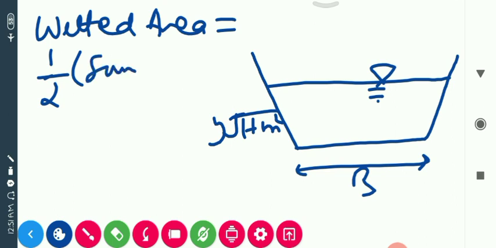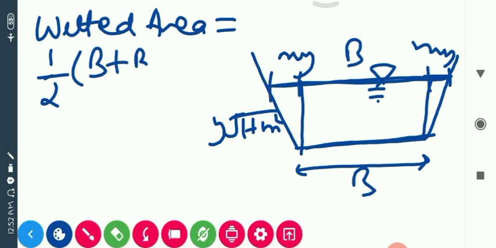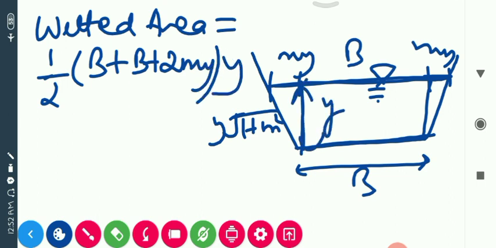The sum of the parallel sides is b plus b plus my plus my, so b plus b plus 2my, and the distance between them is the depth of flow y.